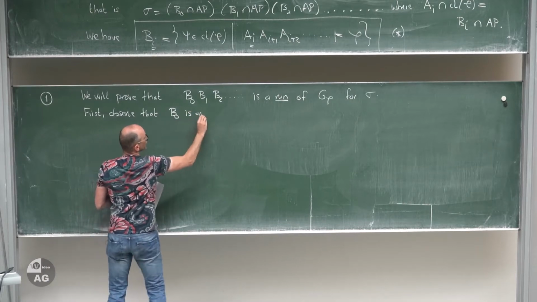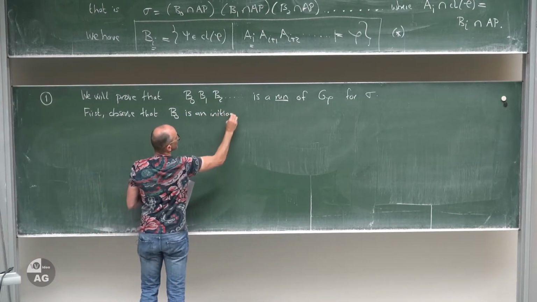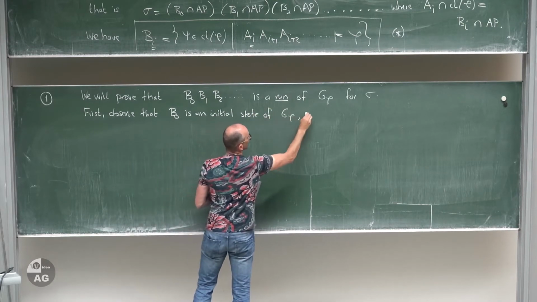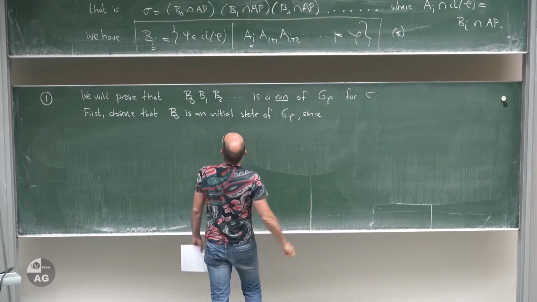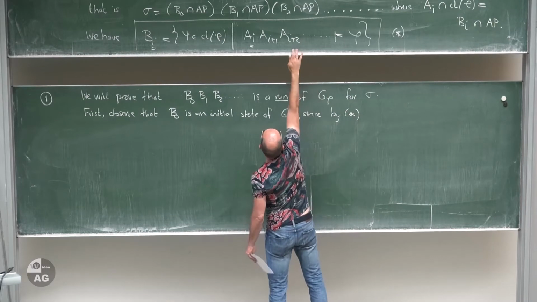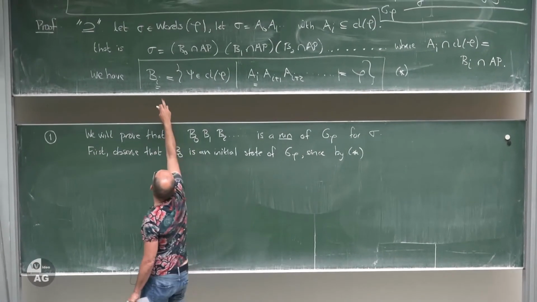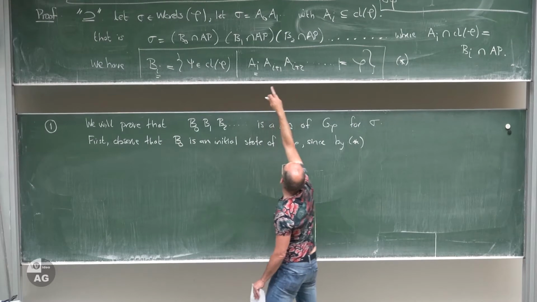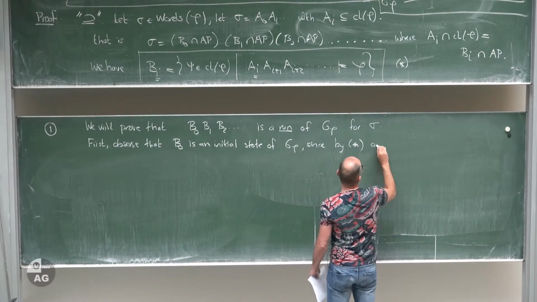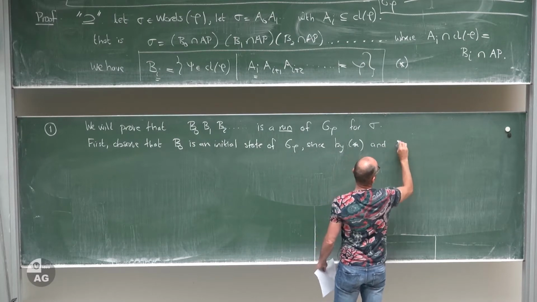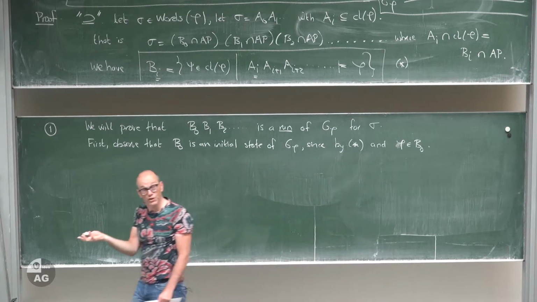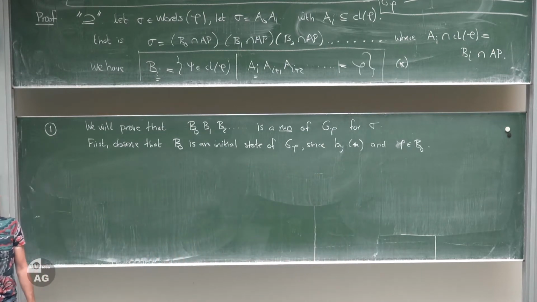B0 is an initial state of G phi, since by star, which is the thing here in the box, B0 are all formulas in the closure such that A0 satisfies phi. So that means that phi belongs to B0. And we know by definition that all the states that include phi are initial states.